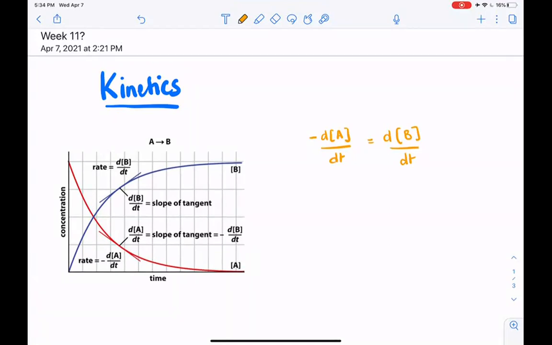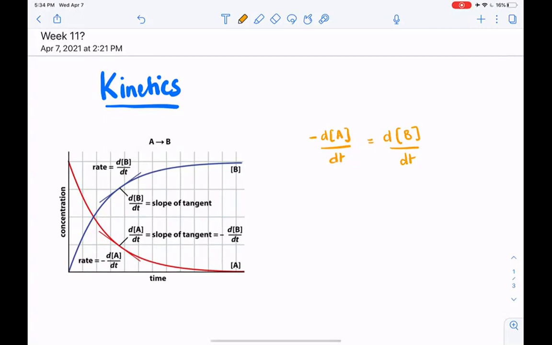So kinetics, basically, for a very simple reaction going from A to product B, you're going to get that the rate of decay of A is equal to the rate of accumulation of the product B. And that's for an equation where the stoichiometric coefficients are 1.